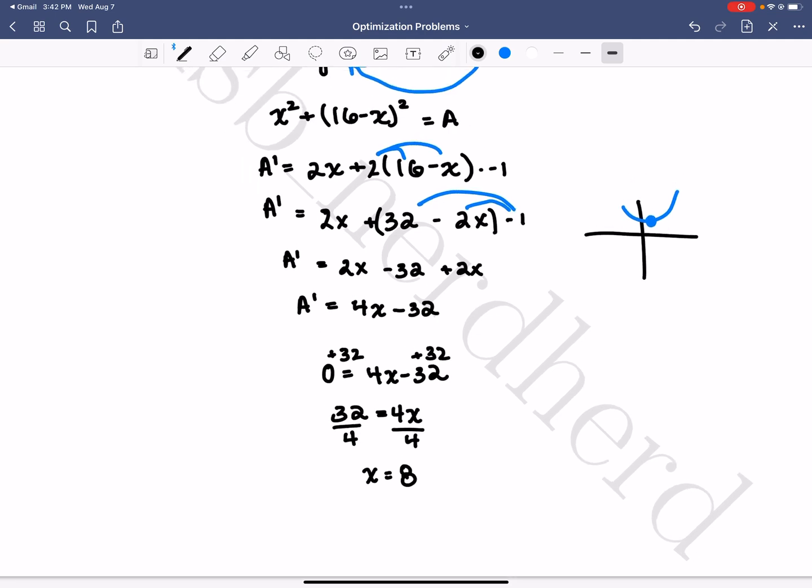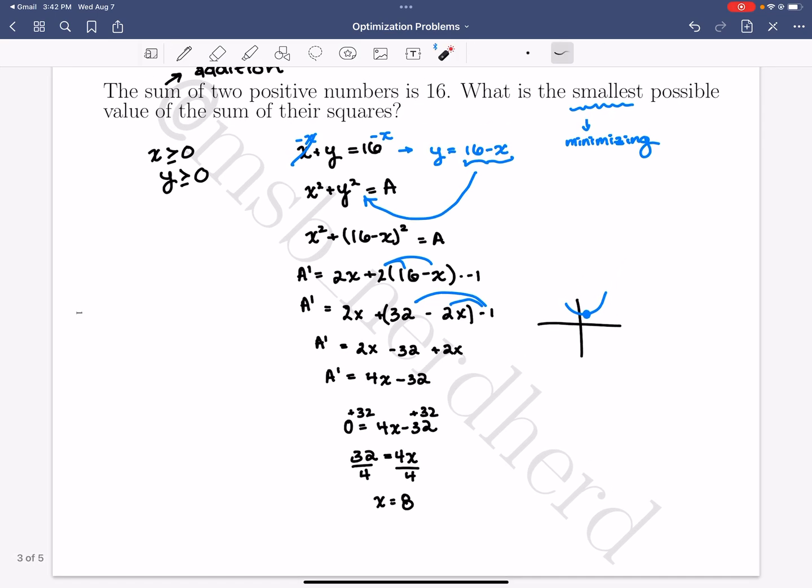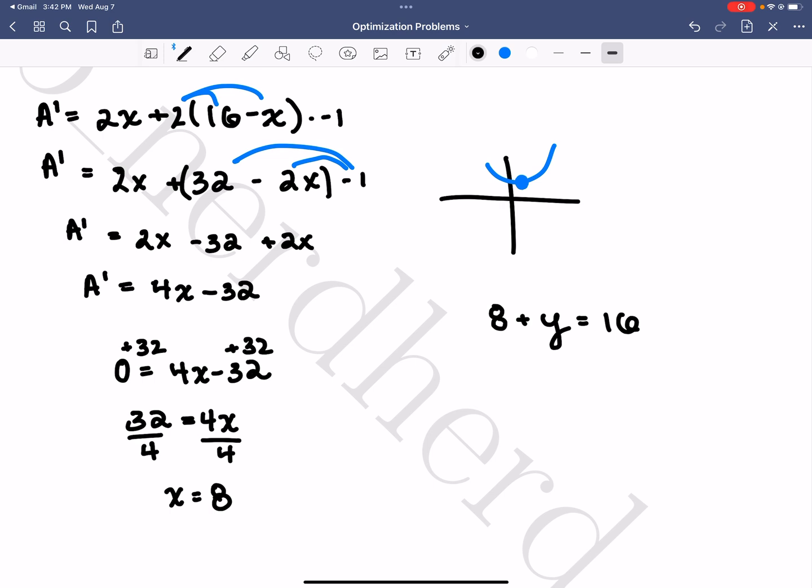Okay, beautiful, we're done. Actually, no. So we need to find the smallest possible value of the sum of their squares. So we're going to use our piece of information beforehand to say that if we know x is equal to 8, we're going to have 8 plus y is equal to 16. So what does that give us?